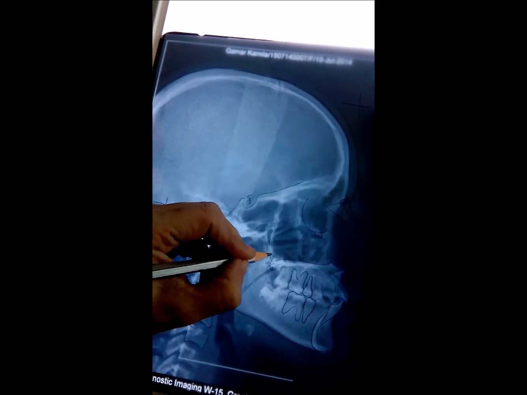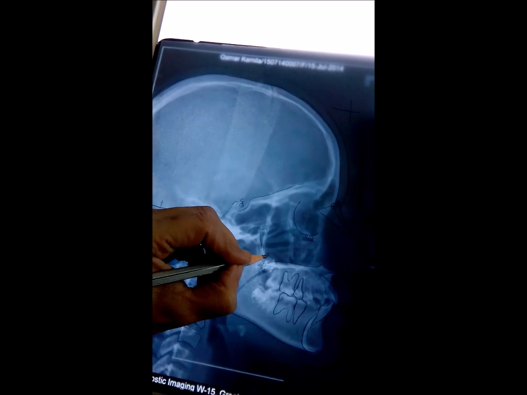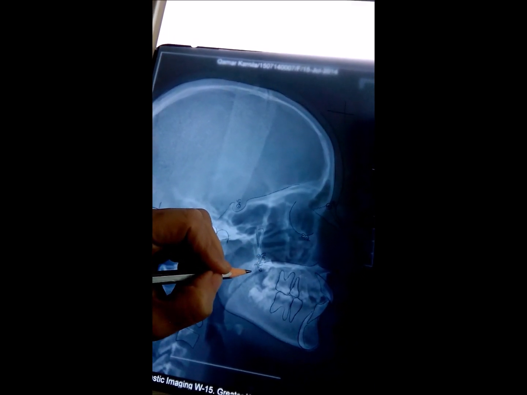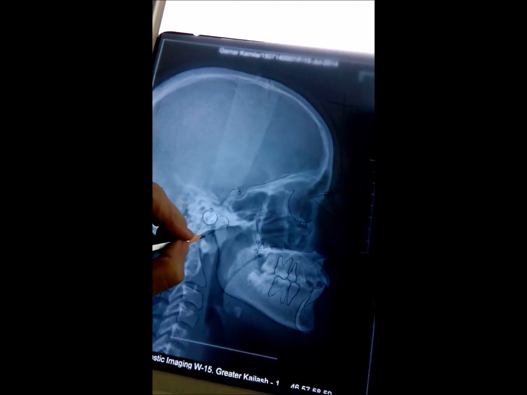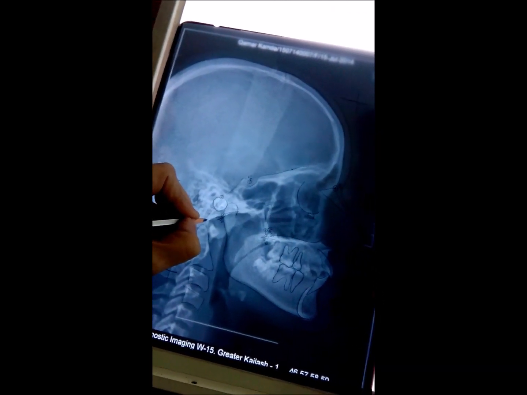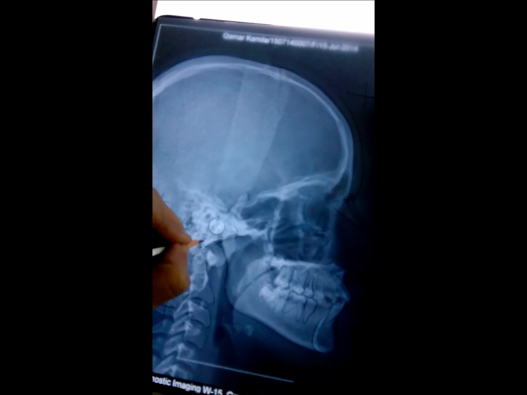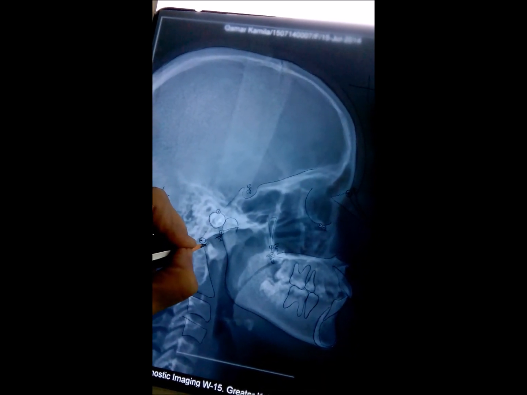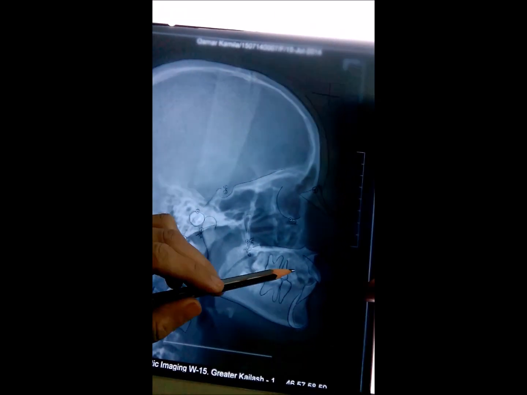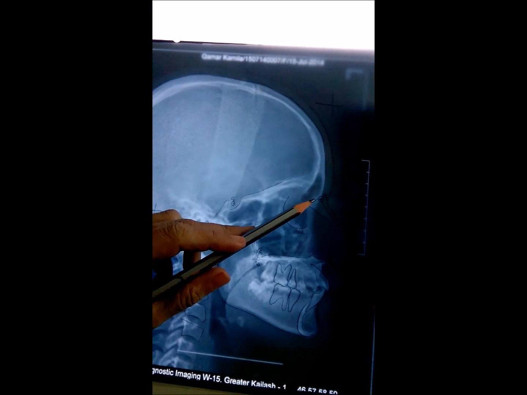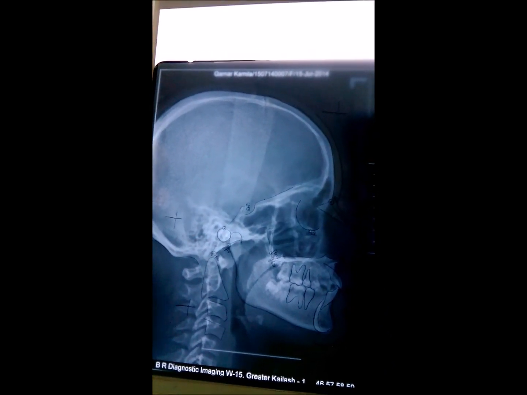The lowest point here is the PTM point or the pterygomaxillary. And then the basion. This is the basion, the lowest point in the anterior rim of the foramen magnum. So these are all the landmarks pertaining to the maxilla and the cranium.